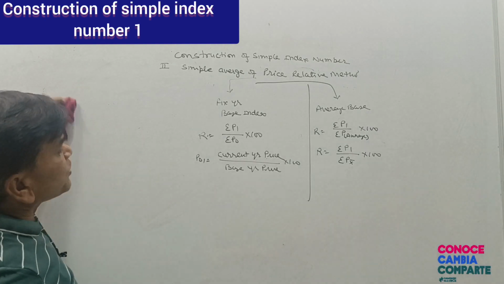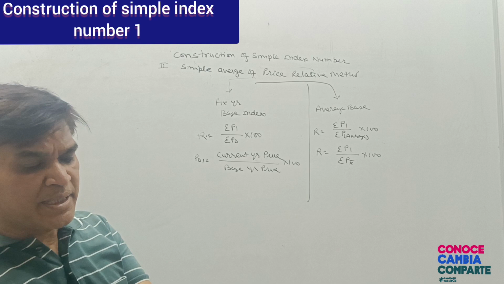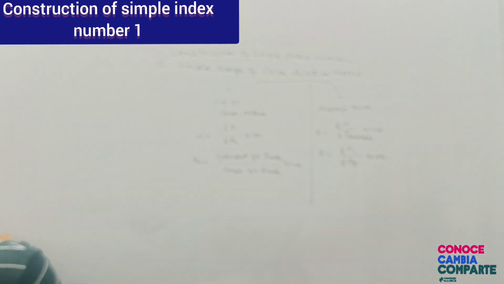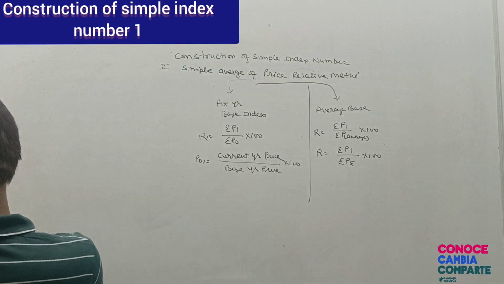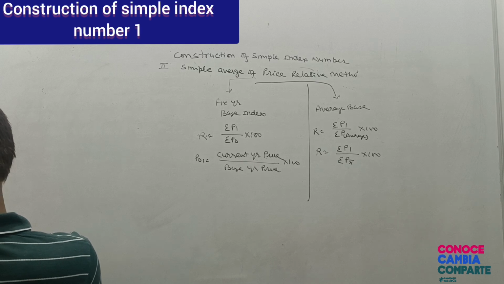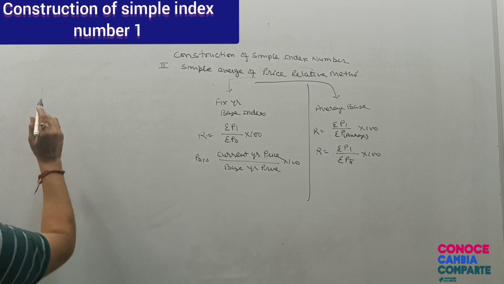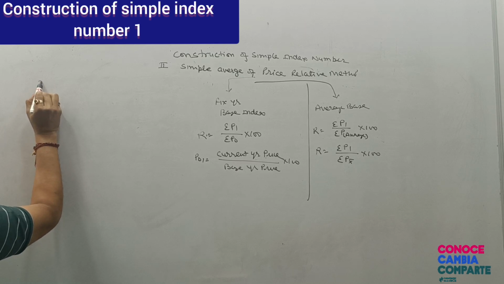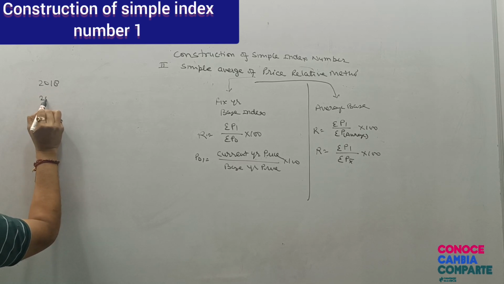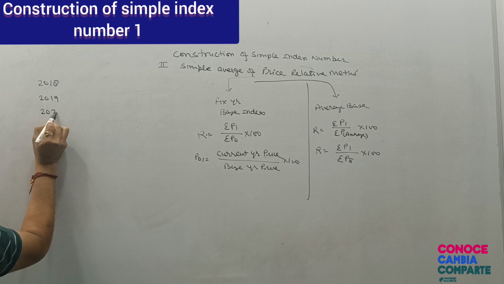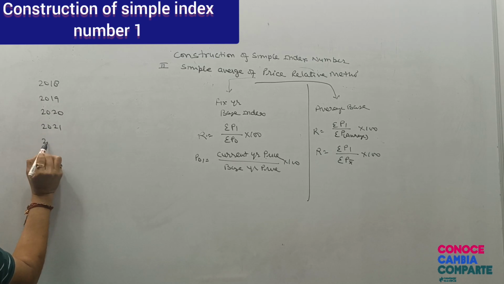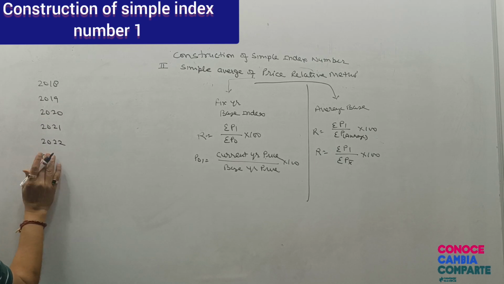We have one question related to this. Suppose the question is given: years 2018, 2019, 2020, 2021, 2022, 2023.